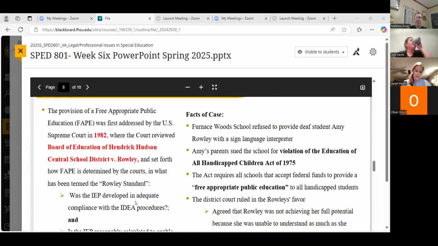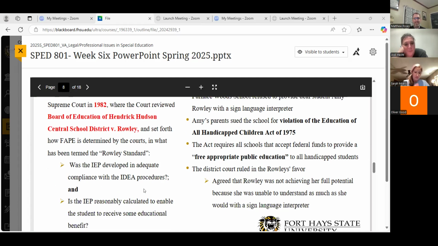Was the IEP developed in adequate compliance with IDEA procedures is one thing they looked at. And was the IEP reasonably calculated to enable the student to receive some educational benefit?